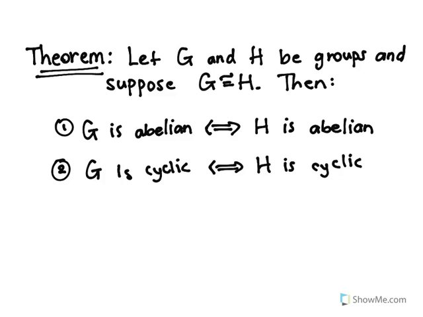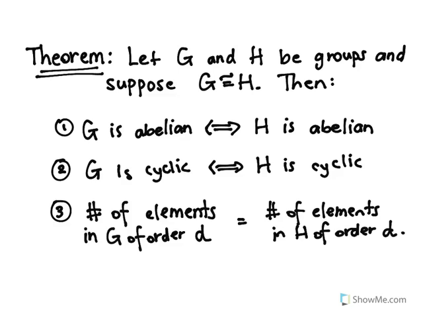And they also share the property of cyclicness, if that's a word, meaning G is cyclic if and only if H is cyclic. If one of them is cyclic, the other is too, and if one of them is not cyclic, the other isn't either. And lastly, they share the property of how many elements they have of any given order.